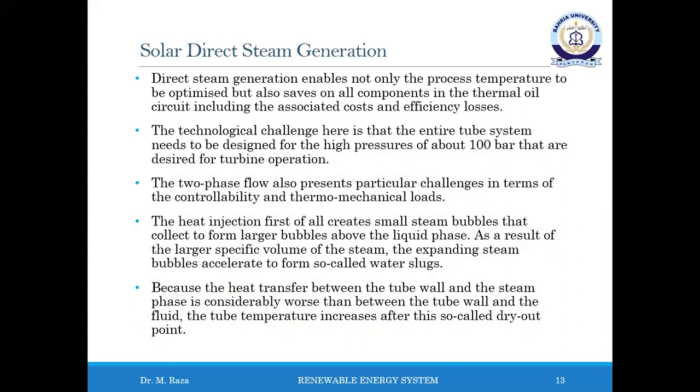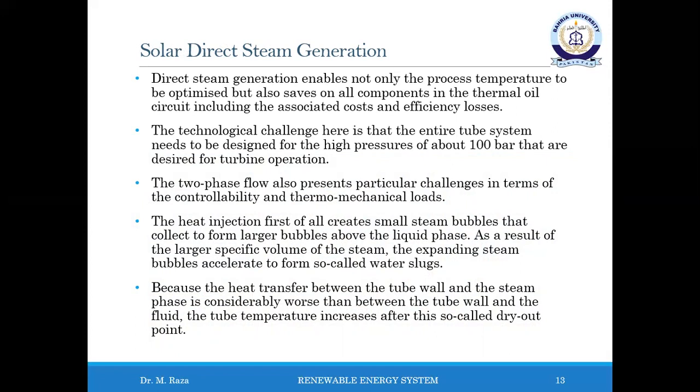The most progress has been made with development concerned with the use of direct steam generation in the collector arrays and molten salt as the heat transfer medium. Both have specific advantages and challenges. Direct steam generation enables not only the process temperature to be optimized, but also saves on all components in the thermal oil circuit, including the associated cost and efficiency loss.